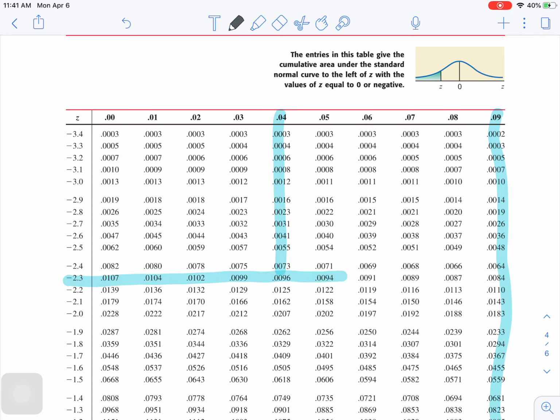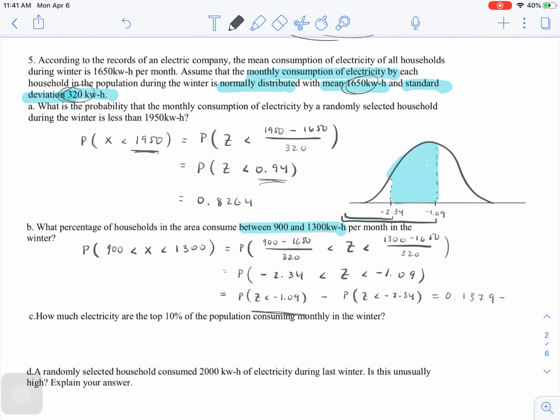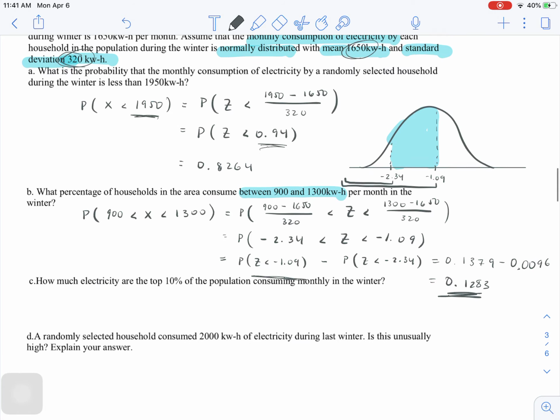So the area to the left of negative 2.34 is 0.0096. I can plug this into my calculator and I should get 0.1283. So the percentage of households that consume between 900 and 1300 kilowatt hours is 0.1283, or about 12.8%.